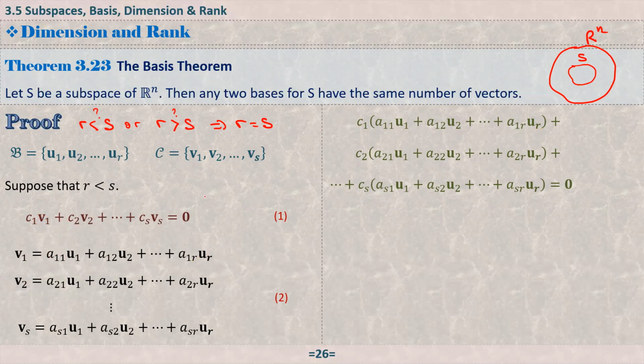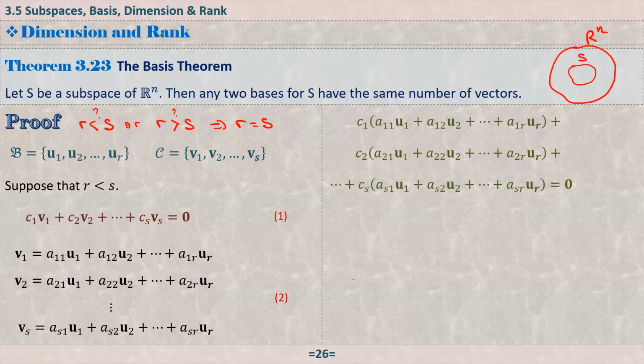So now here we have C2 times, instead of this V2, I will write this expression, the linear combination of these vectors. So here we have A21 U1 plus A22 U2 plus dot, dot, dot, A2R UR plus, and this way we can continue. And also for Vs, we can substitute this expression, that is AS1 U1 plus AS2 U2 plus dot, dot, dot, ASR UR. That's equal to 0.